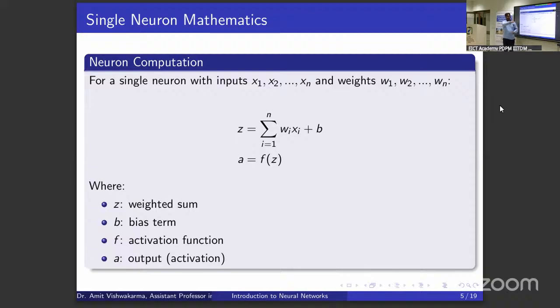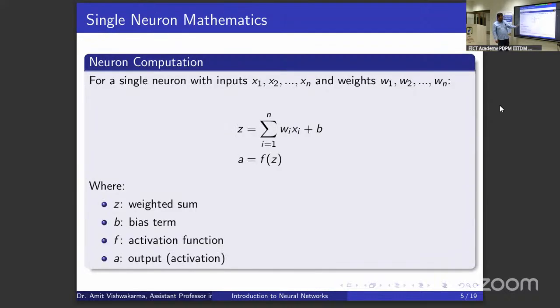After applying f on z, what I can get is now a surface which can be non-linear, like this. Z is a straight plane, a hyperplane, but after applying the activation function, which is also a non-linear function, A has now become a non-linear surface. That is okay.